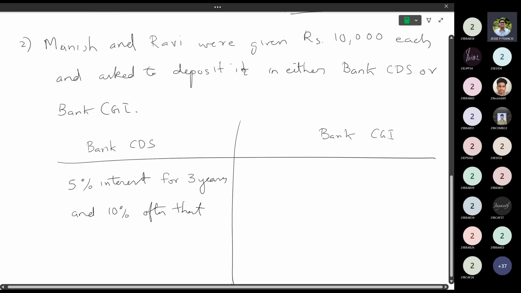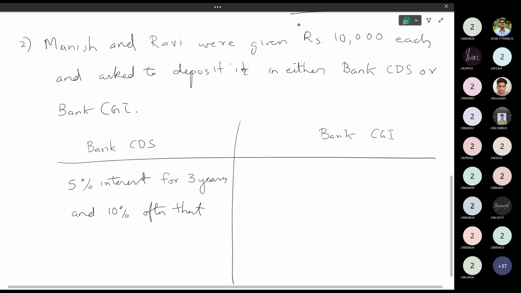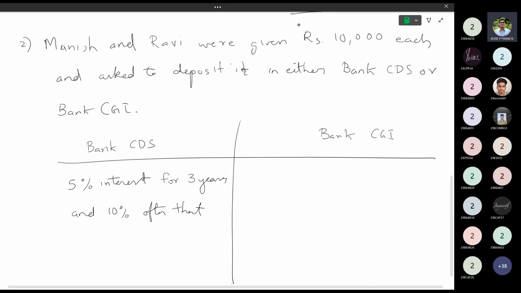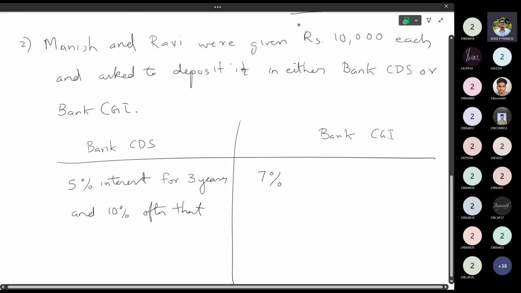And bank CGI gives 7% interest compounded annually.